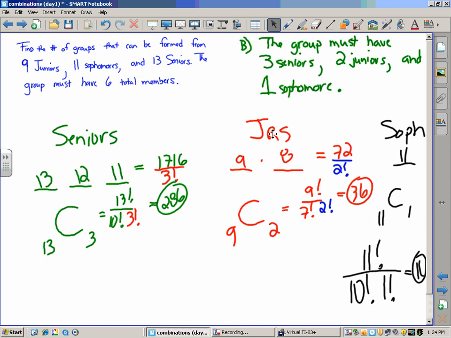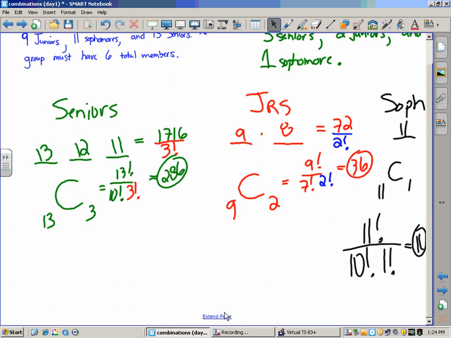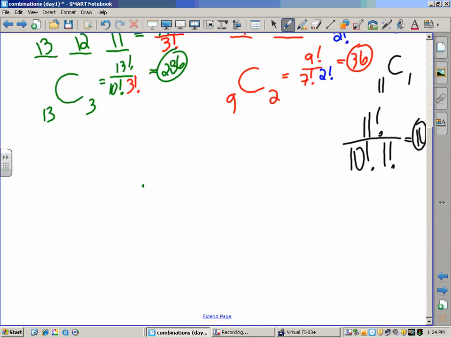I can have a different set of juniors with this set of seniors, then I have the number of sophomores. So I have to multiply the 286 times that 36, and multiply by the 11. What was your answer? 113. 200 and what?